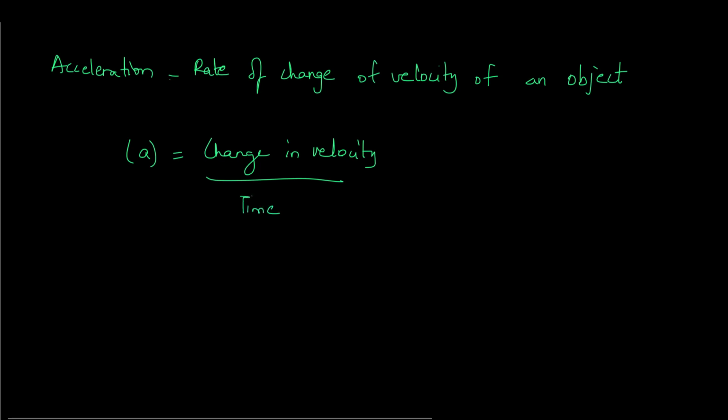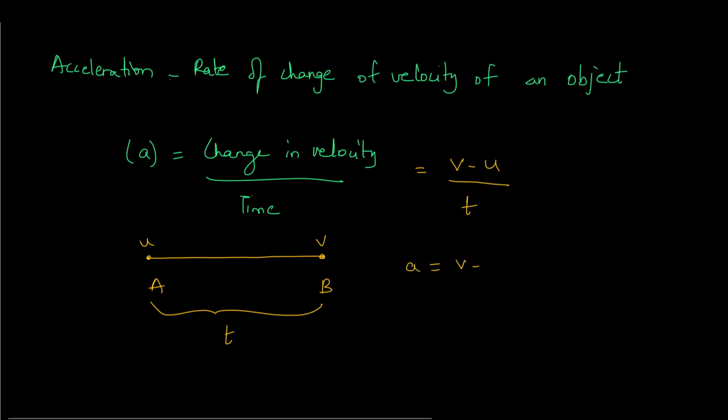Consider an object at position A which has to move from position A to position B. It will have some initial velocity u and some final velocity v. So the change in velocity is final velocity minus initial velocity, and the time taken is t seconds to move from position A to position B. Therefore, acceleration is equal to (v minus u) by t.